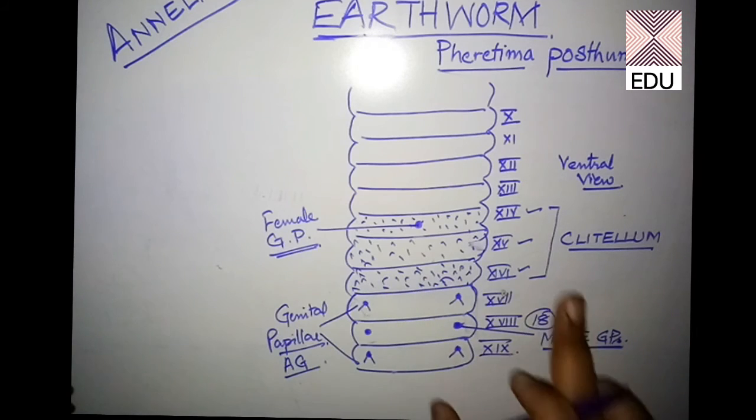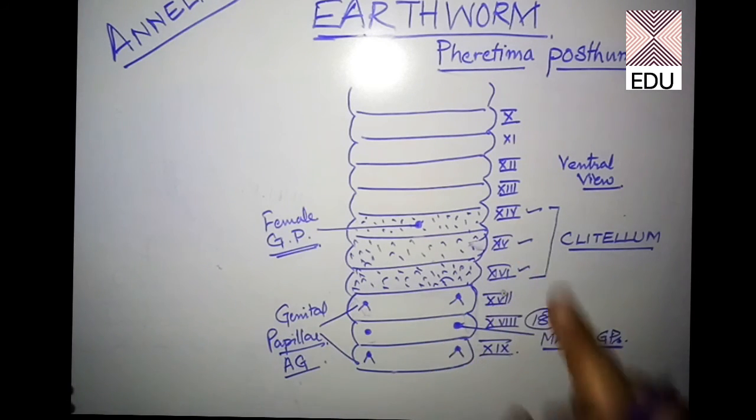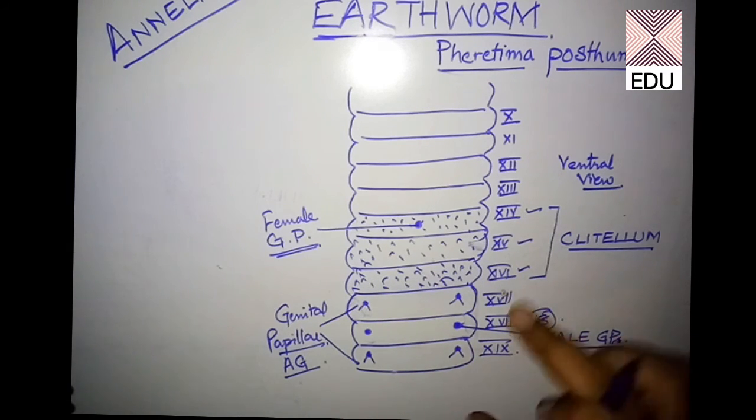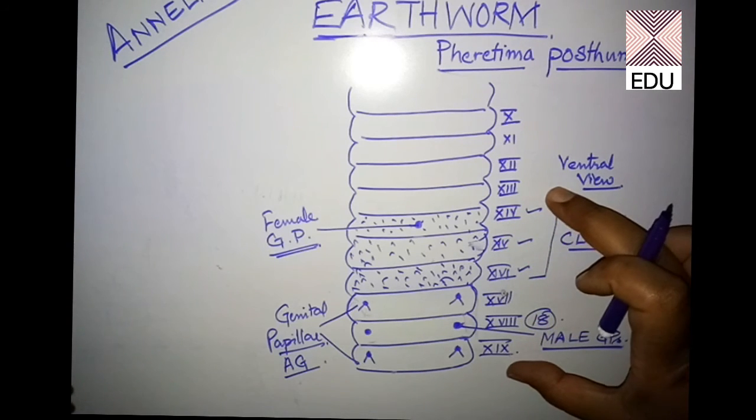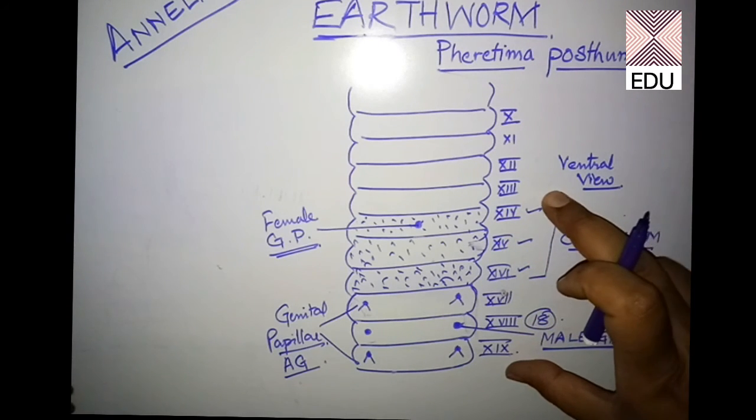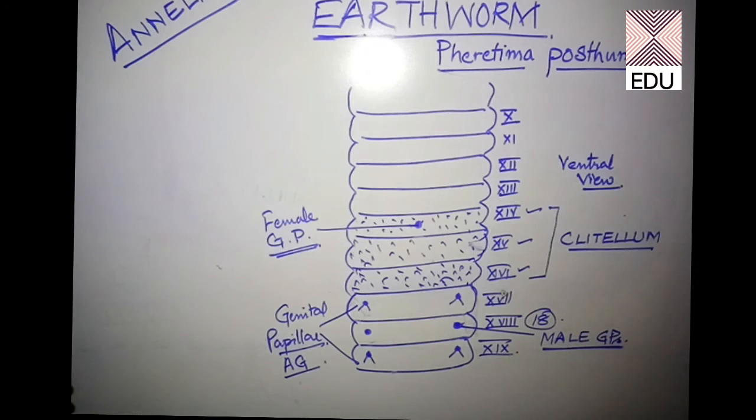That part from the 14th up to the 19th segment is very important, and all the reproductive pores are present in this particular part of the earthworm.